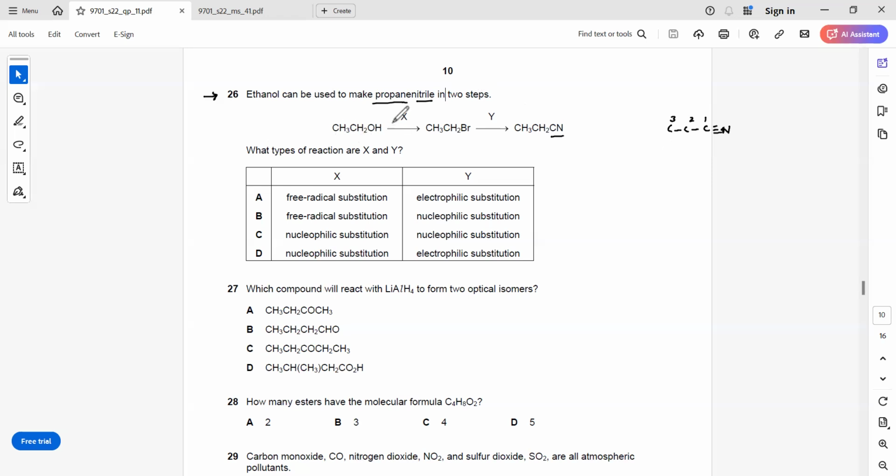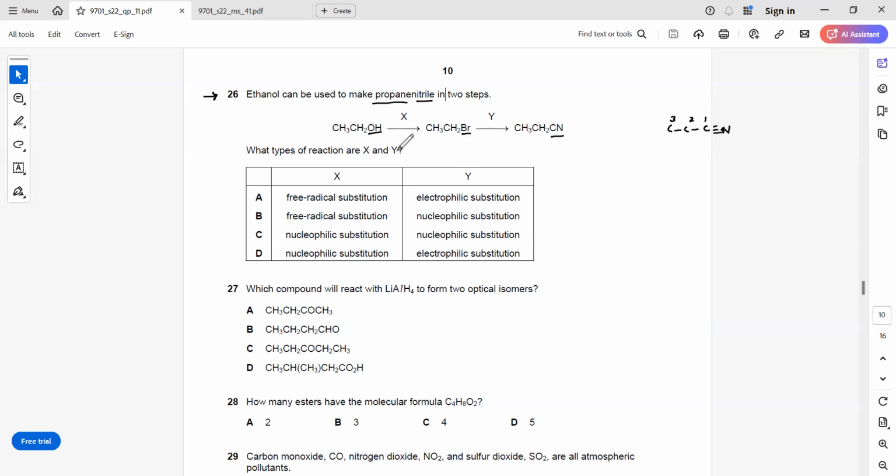What types of reactions are X and Y? What we are observing in reaction X, it's ethanol and it is converted into ethyl bromide or halogenoalkane, I would say, bromoethane. So what we are observing is that the OH group is substituted by a bromide group.